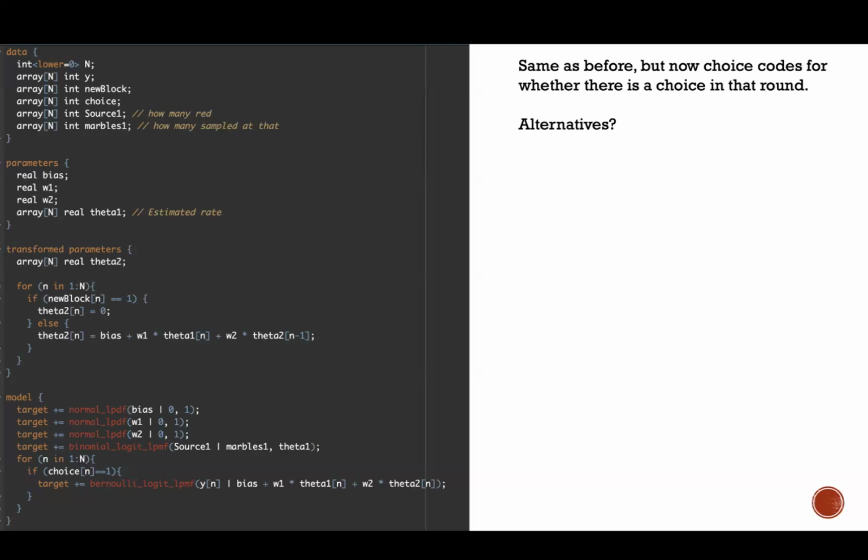So a more economic way of modeling this would simply be to say, if there are 3 trials in which people are sampling, let's just count how many marbles they sample in total in those 3 trials, how many are red, and then we use those 2 variables to estimate the underlying probability of picking red given a bias and a weight 1.